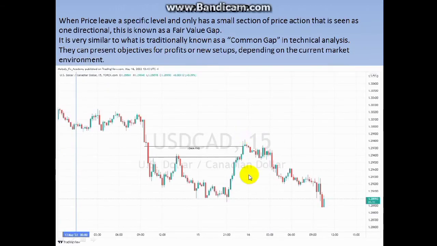Now fair value gap. These are some of the things we have covered mostly in the 2022 mentorship, and I just add them to show you the importance of how they fit in the smart money trading model.